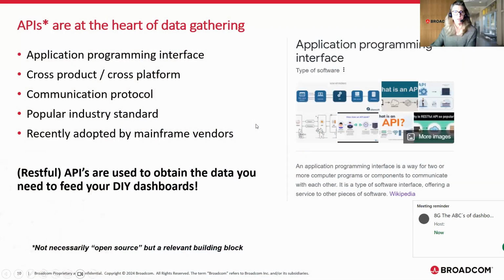All right, Rose. So how are customers making all of this happen, and why is it happening now? And really, it starts with data and the availability of data. APIs are really at the heart of making the mainframe data that you're looking for more available than ever through the solutions that leverage them.